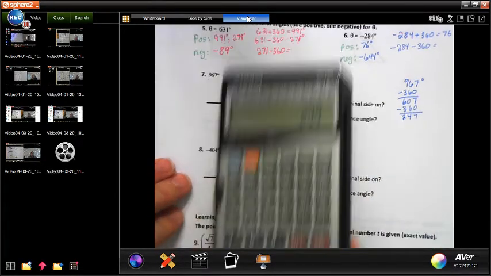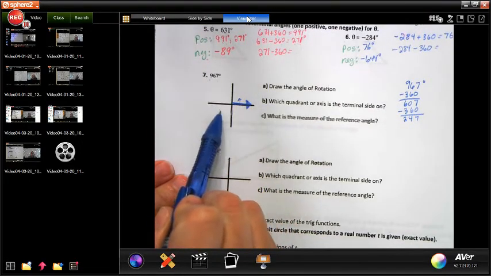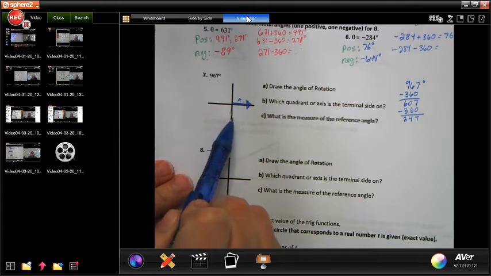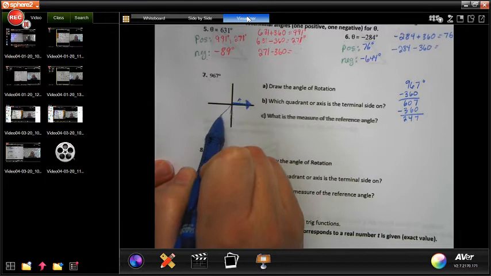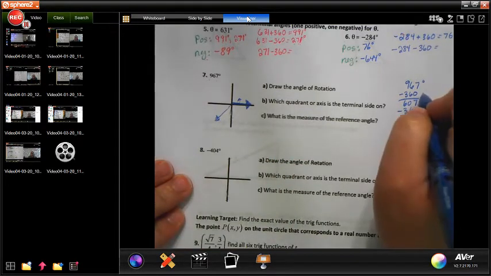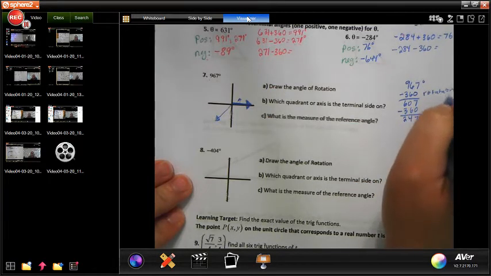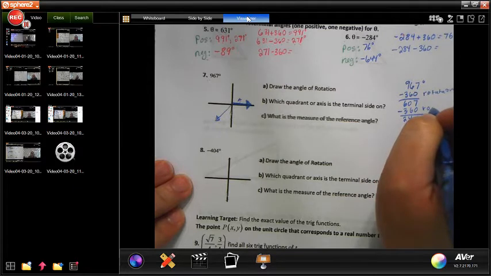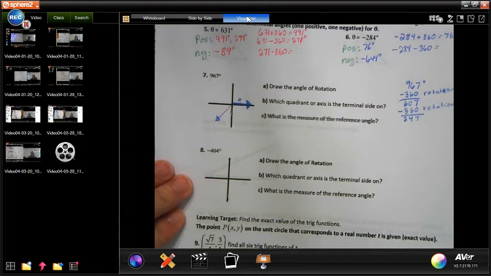247, if you remember your unit circle, this is 180, this is 270, so it's in between here. So just draw it in between here. And remember, each one of these is a rotation. Notice I made 2 rotations.